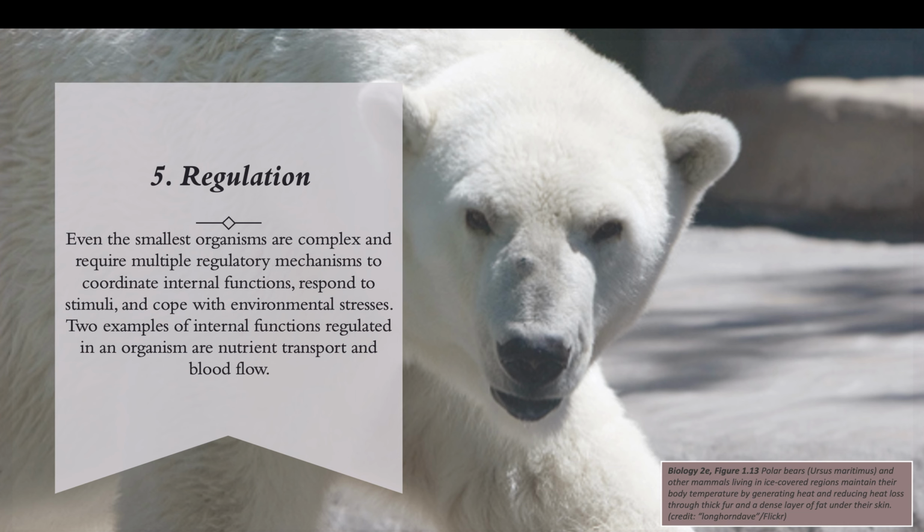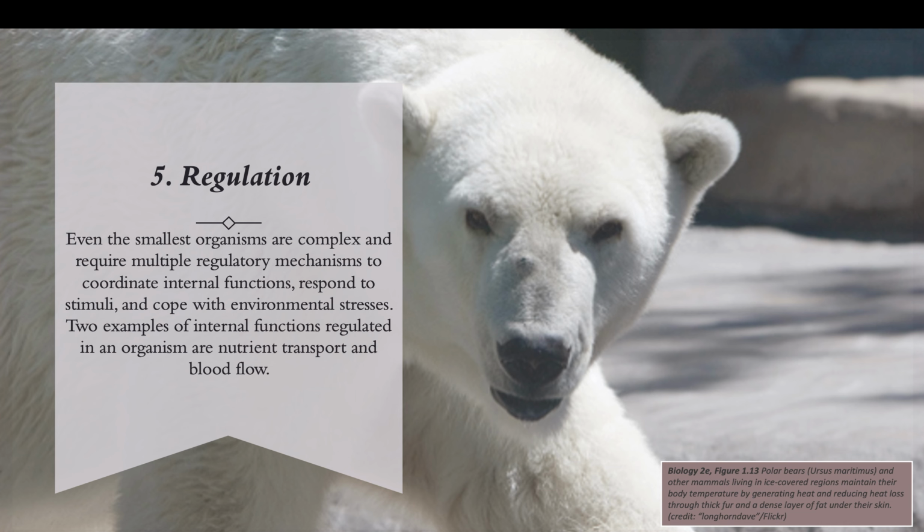Okay, so the 5th property of life we're talking about is regulation. Even the smallest organisms are complex and require multiple regulatory mechanisms to coordinate their internal functions, also to respond to stimuli and to cope with environmental stresses. Two examples of internal functions regulated in organisms are nutrient transport and blood flow.